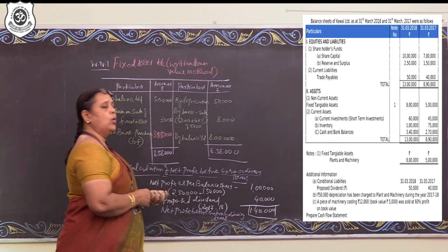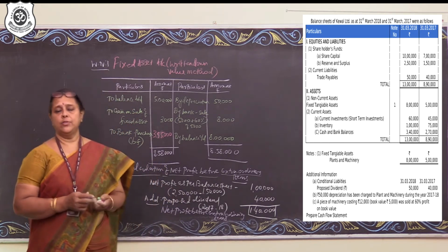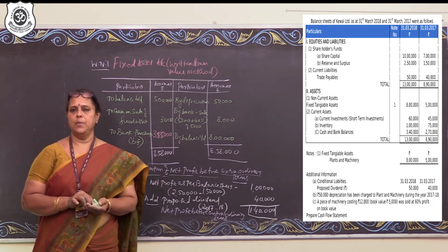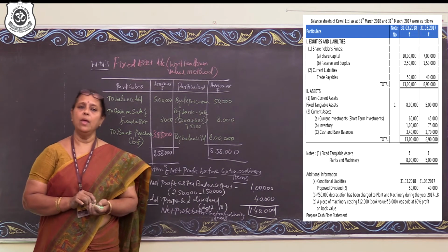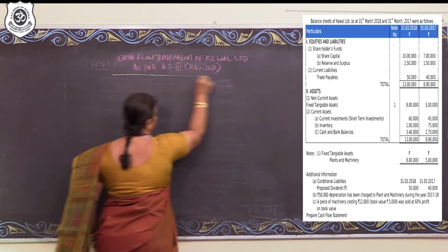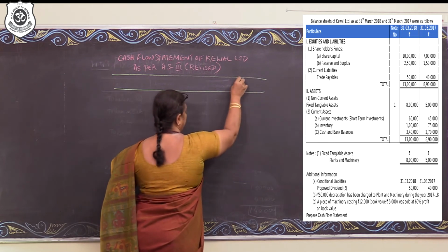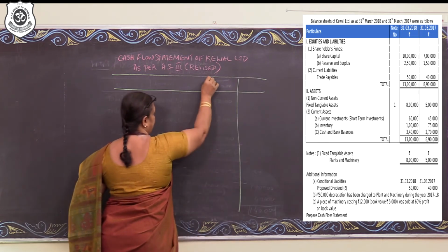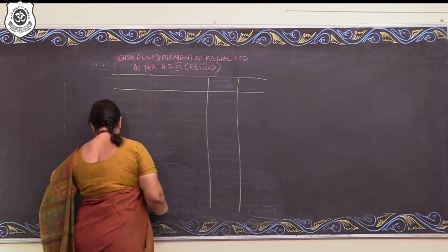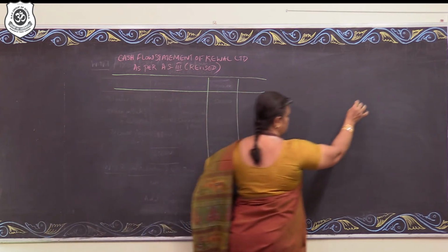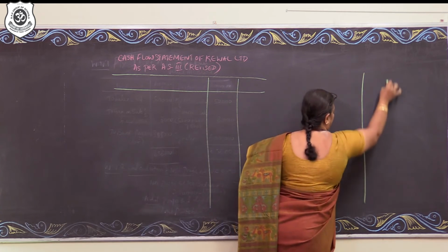Now we shall be going to the preparation of cash flow statement as per Accounting Standard 3 revised, which is a prescribed format of preparing the cash flow statement.